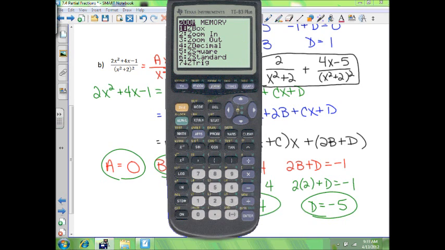I realize it's tough to see, but let's zoom in once, just to show you a little bit better angle of it. As you can see, the second graph is going directly over the first graph, which makes it the same exact equation.